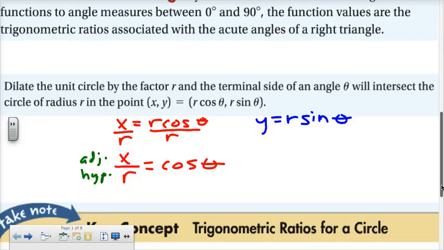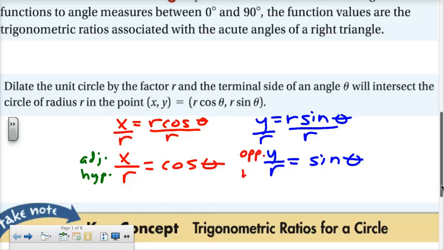And then for sine theta, if we divide both of these by the radius, we come to understand that y is going to be opposite and r is going to be our hypotenuse. So when you look at these as formulas that can be manipulated, a lot of different things will happen.